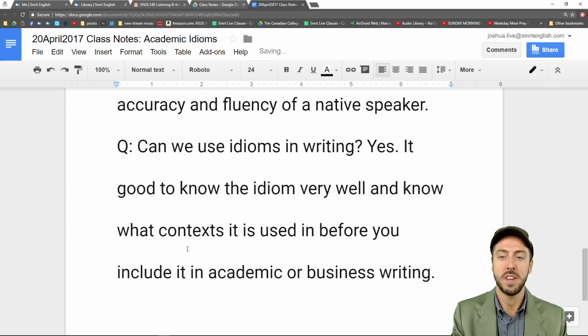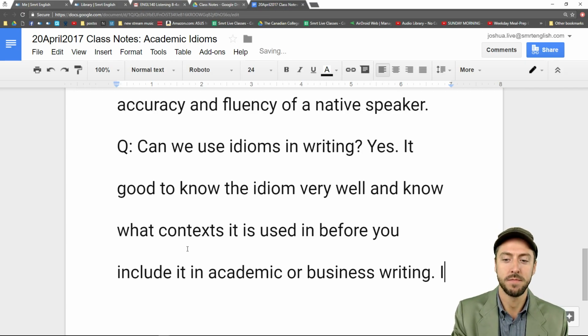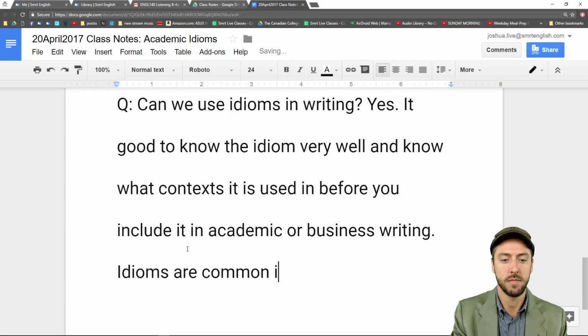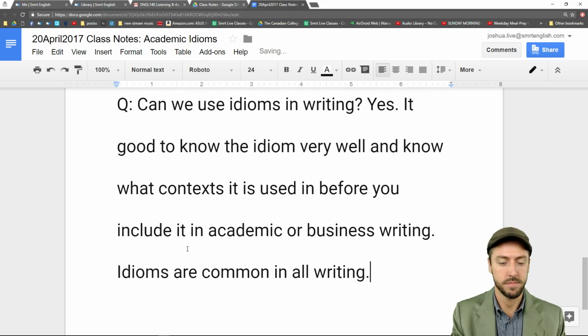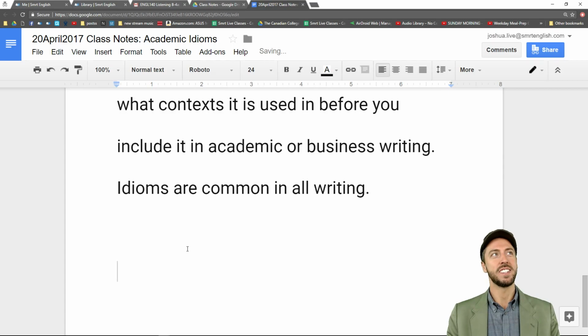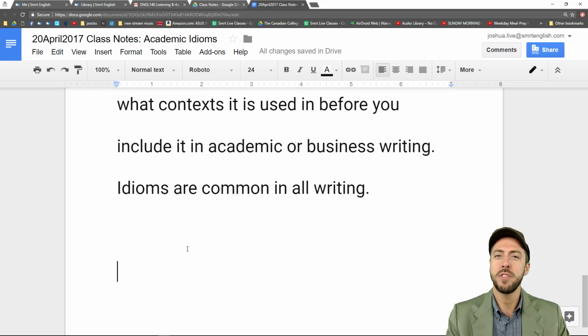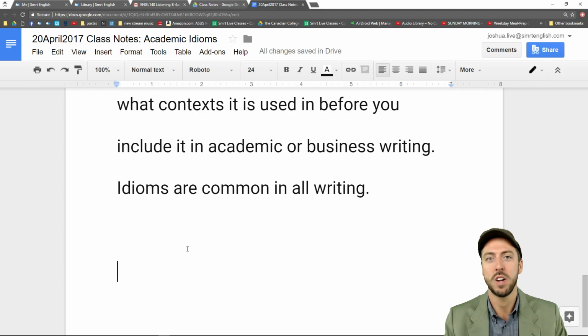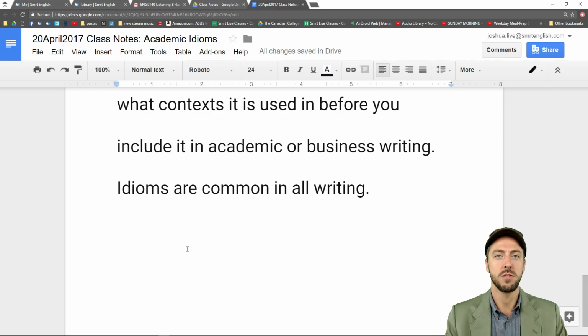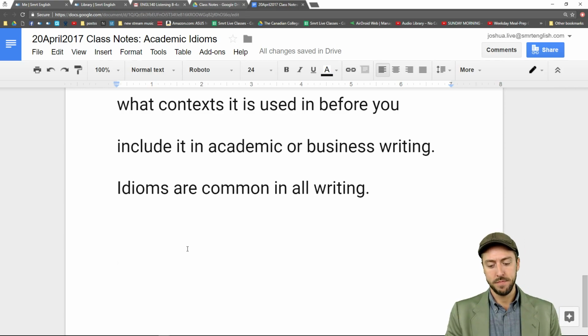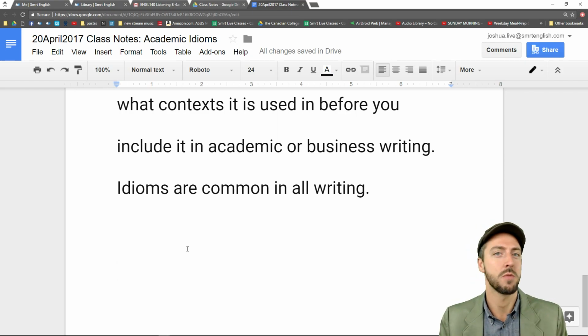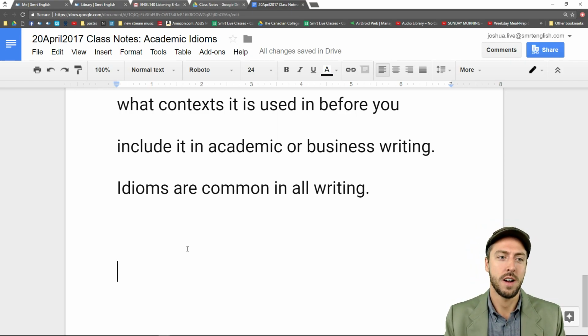But it is common. Idioms are common in academic writing, in all writing. When I say common, it's not every sentence will have an idiom. But I would be very surprised to read an entire essay and not find one idiom. Generally, they're used in the context of comparisons or metaphors or exemplars.